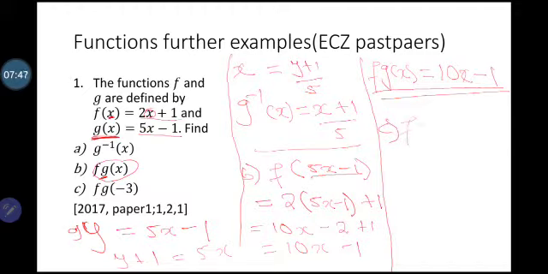So f g of negative 3 is equal to 10, where there is x, we have negative 3, minus 1. 10 times negative 3 will give us negative 30 minus 1. Negative 30 minus 1 is simply negative 31. So that will be your f g of negative 3.